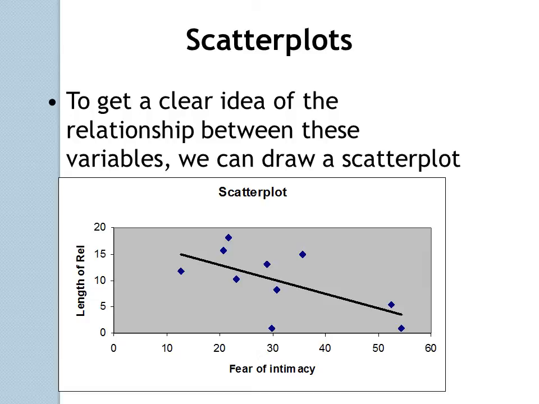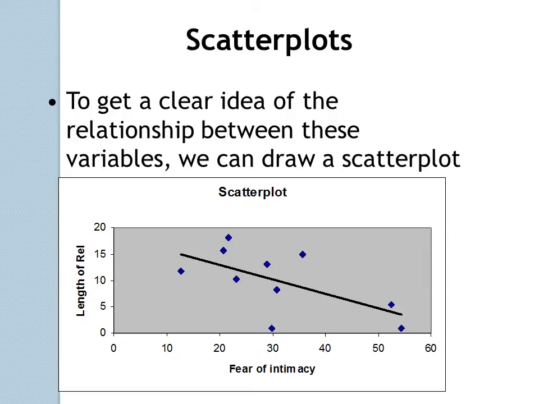If we look at the score on the left, and I draw a little line down to the axis, their fear of intimacy is roughly about 11, and their length of relationship is about 11. So this person has been in a relationship for about 11 years, and their fear of intimacy is about 11.